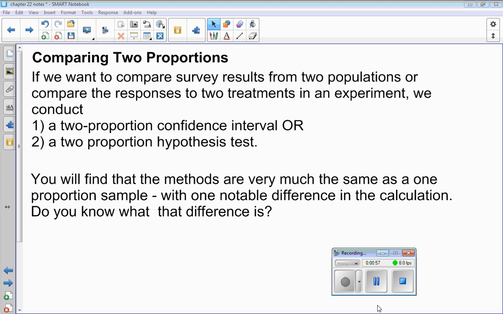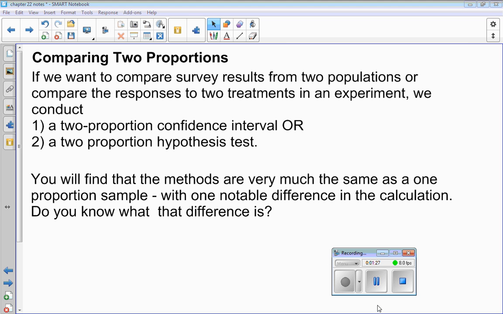There is a formula for the two-proportion confidence interval. It's a little bit different, but it's not too bad. I think if you look at the formula you get a little bit overwhelmed, but I don't think it's necessary to be overwhelmed, and I'll try to break it down for you. You're going to find that the methods are very much the same as a one sample. We're still going to do our same 5 steps of the hypothesis test.